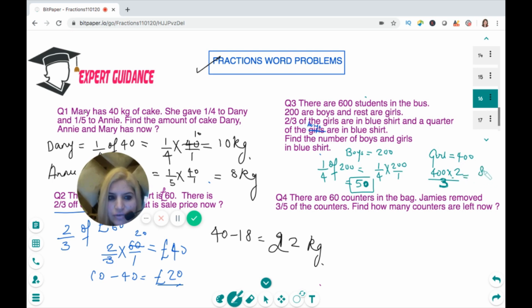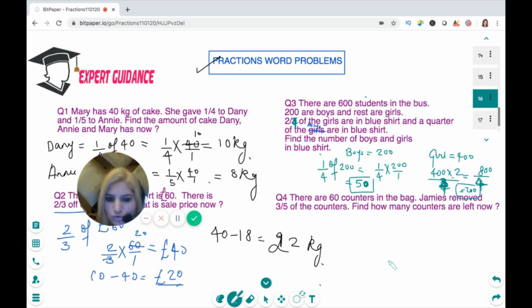Now generally in the exam you will get a number that can be easily divided and you get a whole number. So we can make this 2/4 of the girls. Okay, so we'll make 2/4 of the girls. That gives how much? That gives 200. So 200 of the girls and 50 of the boys are in blue shirt.